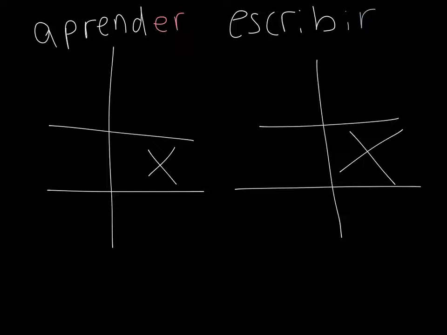Now that you have completely filled out the 2 verb charts, let's go ahead and go over those real quick. So, in the yo spot for aprender, you would have yo aprendo. In the tú spot, you would have tú aprendes. In the él, ella, and usted spot, you would have aprende.